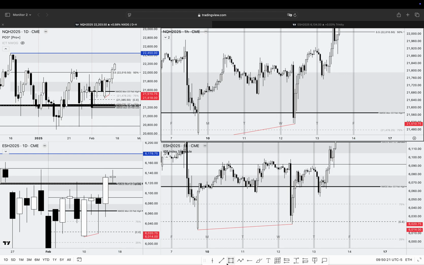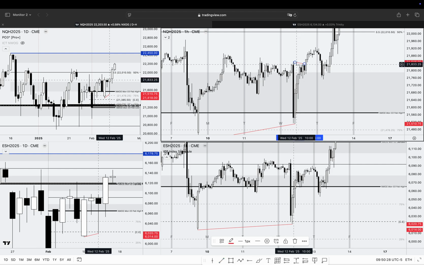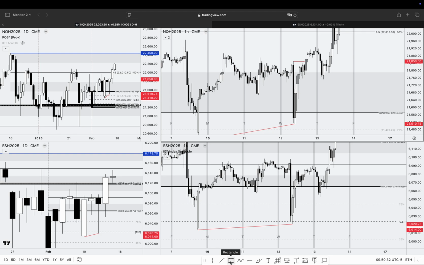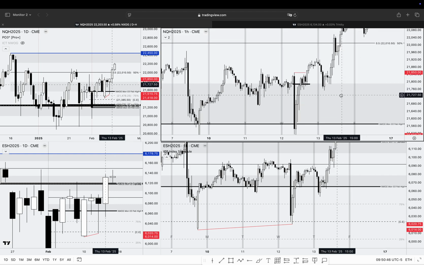So we have this buy side liquidity, or if you want to consider this as an order block, you can do it if you want. But basically, you can trust that price should reach this area here.